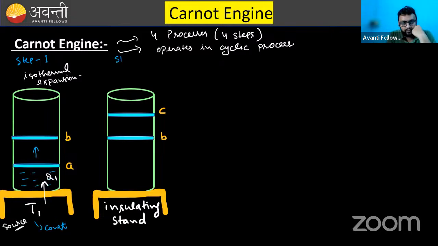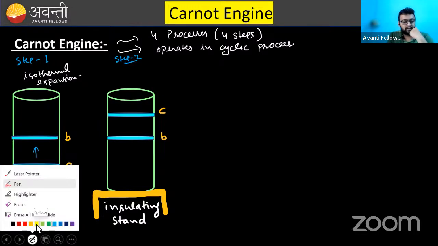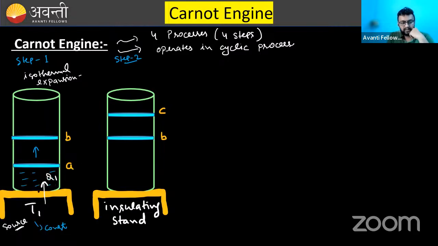Now, in the next step, step 2, what's happening? Now the base of this high temperature source is replaced by an insulating stand. All the walls are already insulating, and now the base is also insulating. So can you see that no heat exchange will take place?